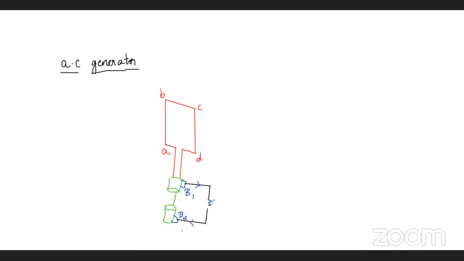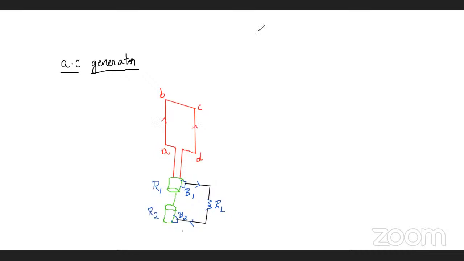Here you will be having a load resistance R suffix L. This is slip ring R1 and this is slip ring R2. And of course here you will be having current flow like this.